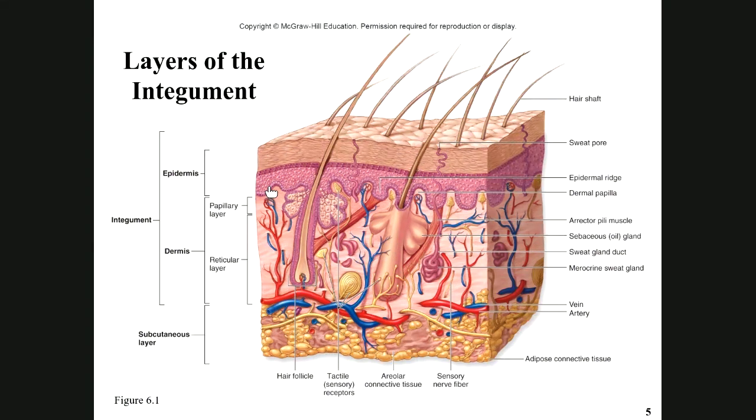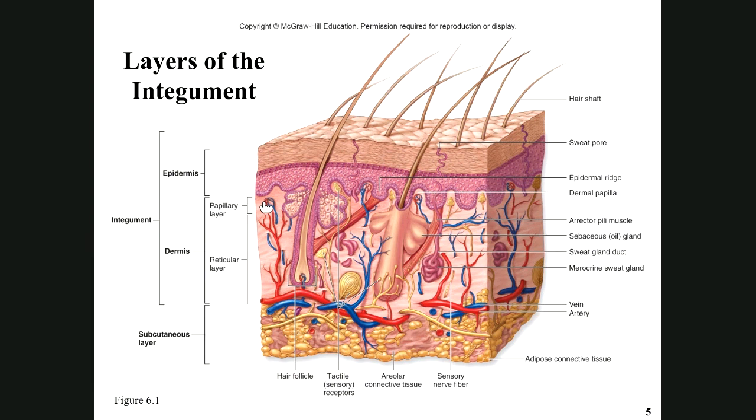After that, we have a layer which we call dermis. The dermis is a deeper layer, and most of the dermis is made up of dense irregular connective tissue. But we have some parts which are areolar connective tissue, and I will talk about it later for you.